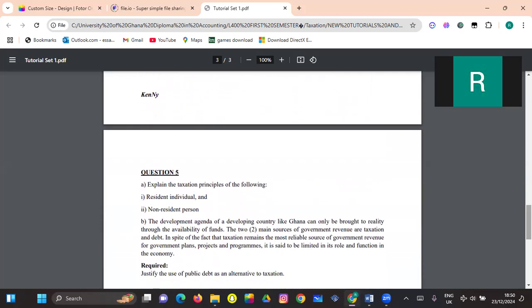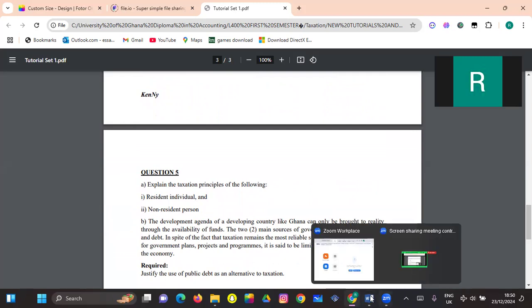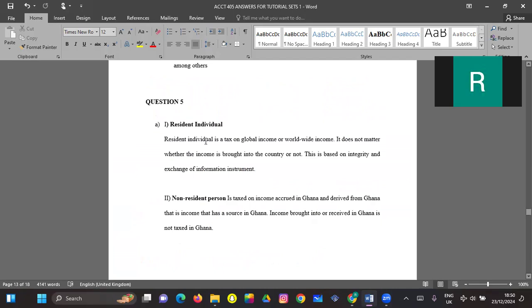Explain the taxation principle of the following: residents and non-residents. Right. So basically, a resident will be taxed irrespective of whatsoever. So a resident individual is taxed on global income or worldwide income. It doesn't matter whether the income is brought into the country or not.